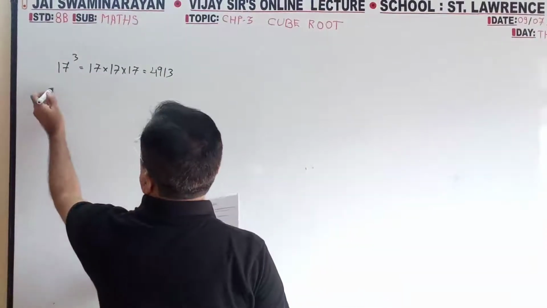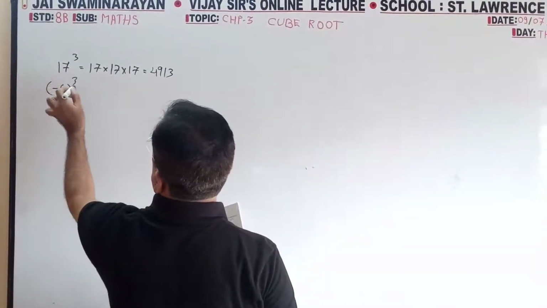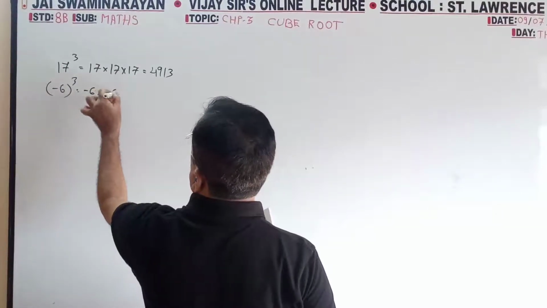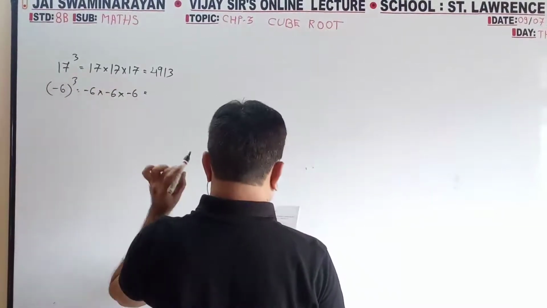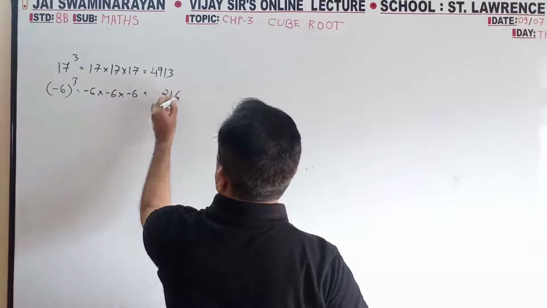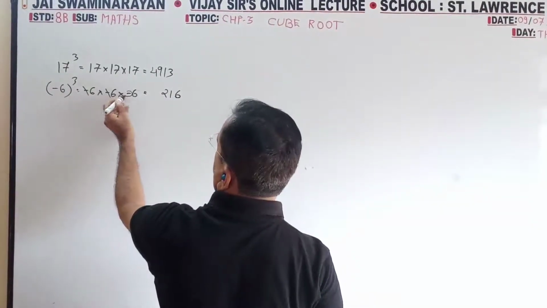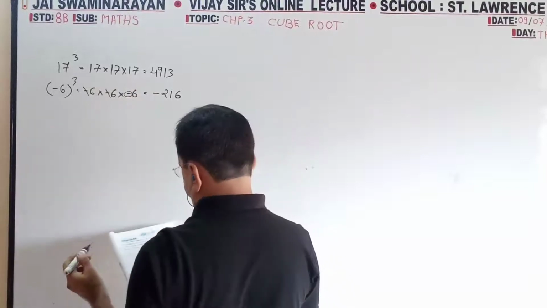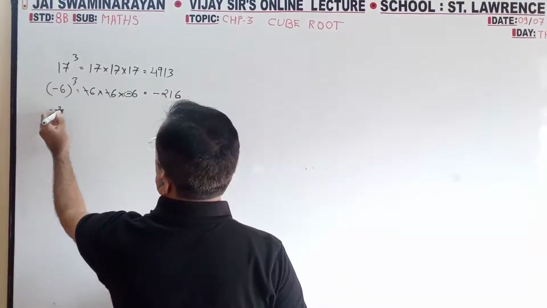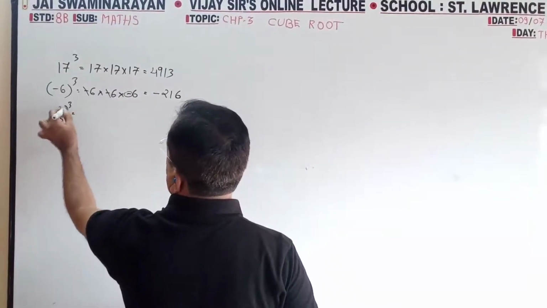One more example, minus 6 cube. So minus 6, minus 6, minus 6, 216. See, this minus minus will be plus, this will remain, so this is minus. Minus 2 by 5 cube.